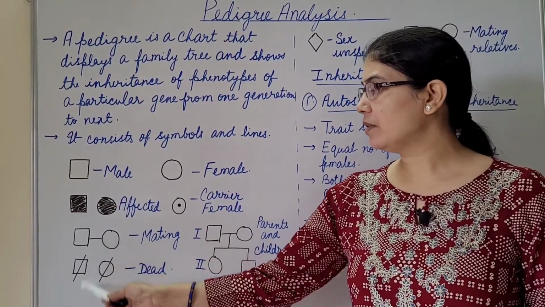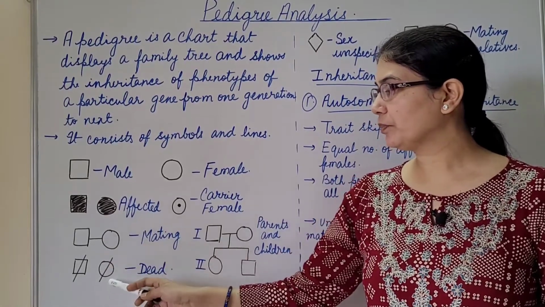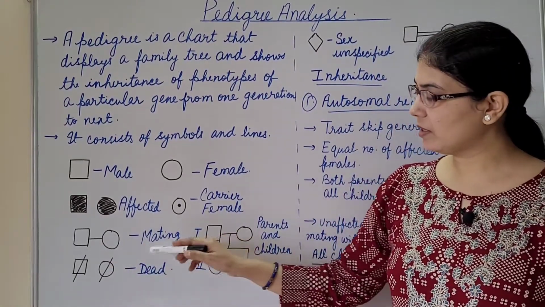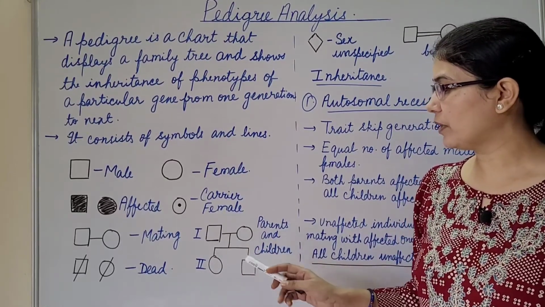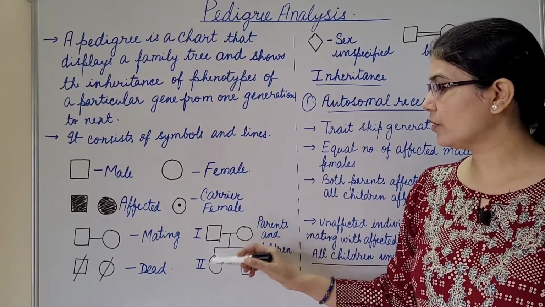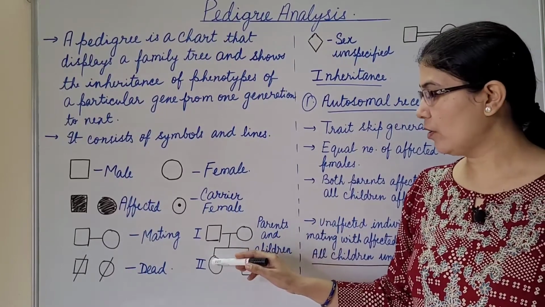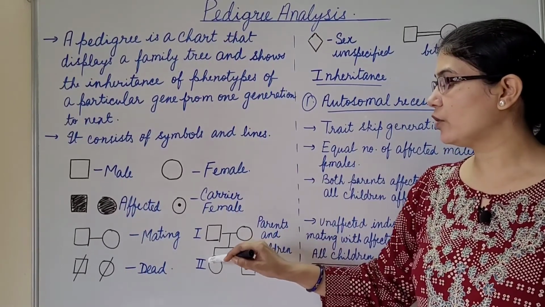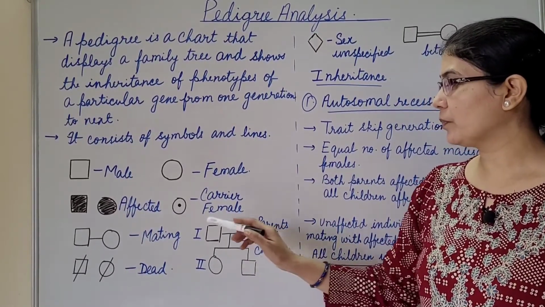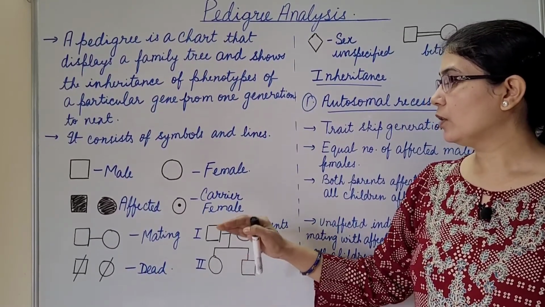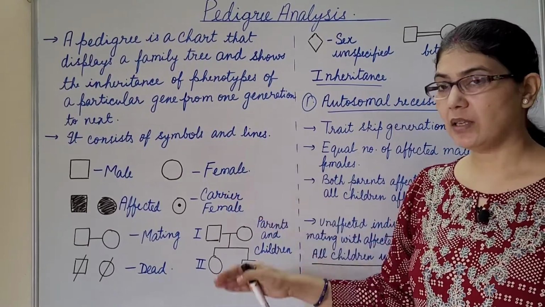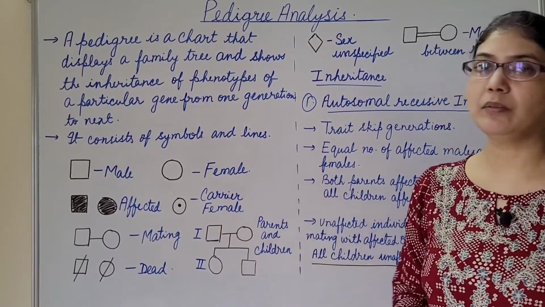If these symbols are crossed by a diagonal, that means these individuals are dead. A vertical line shows the offspring. This is the parental generation, these are the children, and offspring are arranged from oldest to youngest from left to right. The generations are shown by Roman numerals. Older generations are at the top, younger generations at the bottom.